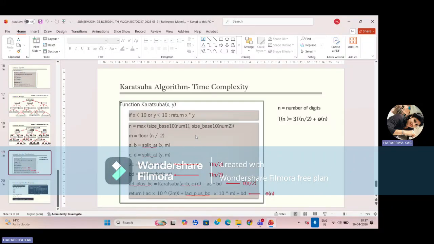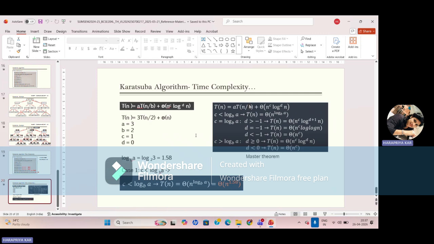So in this approach, what we understood first of all is how Karatsuba faster integer multiplication works, and what impact it has when we multiply large integer values. We also saw the time complexity and which method it follows. It follows the divide and conquer method, and the time complexity works over the number of digits.